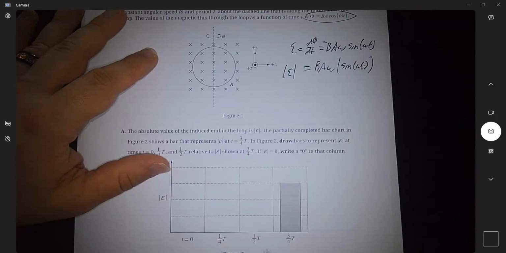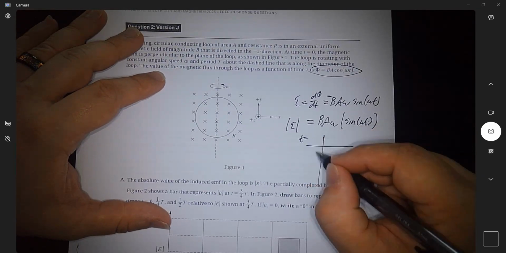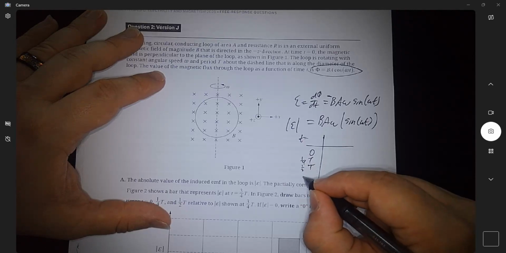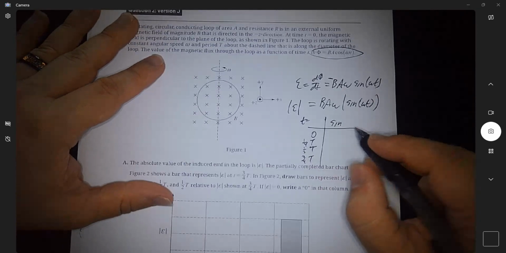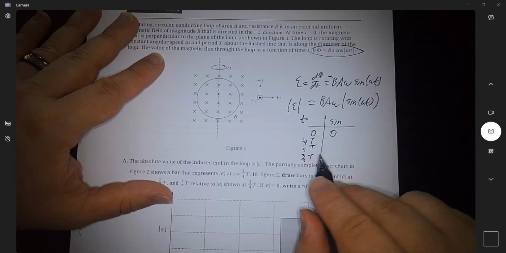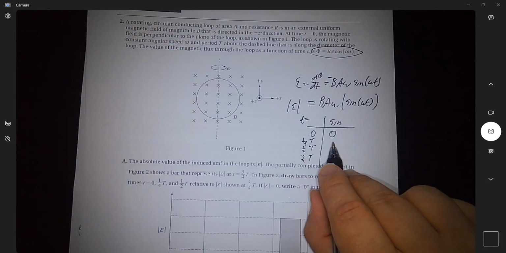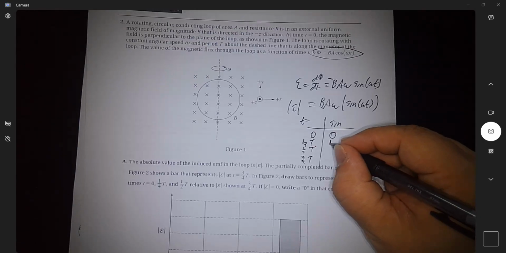Okay, so let's just really quickly do time equals 0, quarter T, half T, 3/4 T, and then the value of sine at each of those. Sine of 0 is 0. Sine at 1/4 of the period is full.